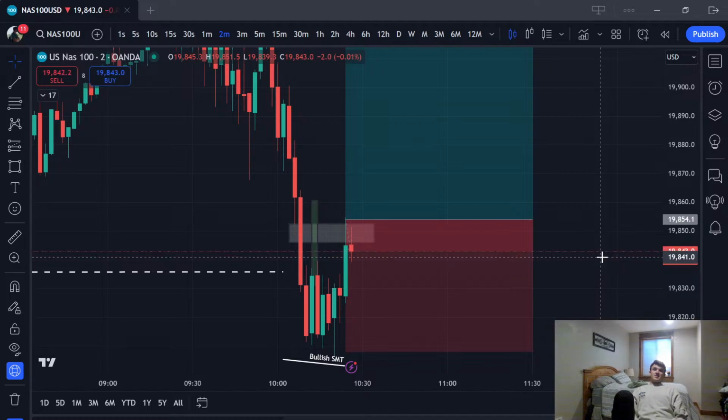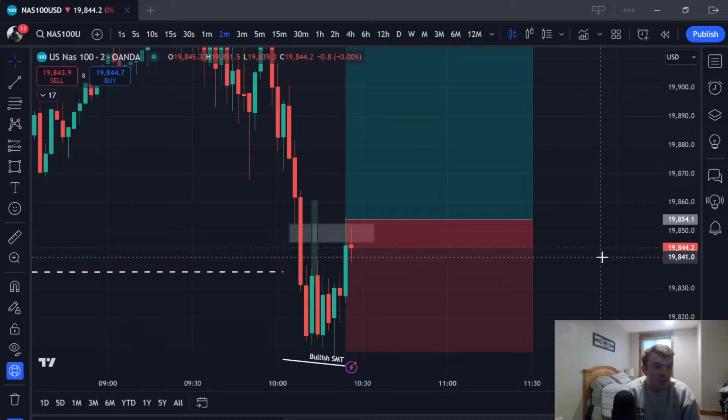Like exceptionally good. It's a bullish SMT. Super nice fair value gap. We just need a strong candle body close above. Is all we need right now. And we will wait for it.